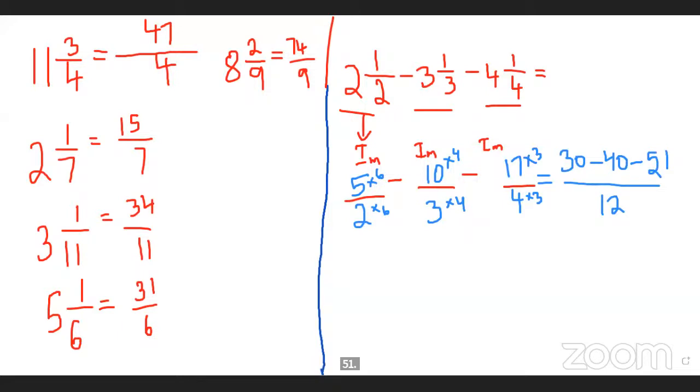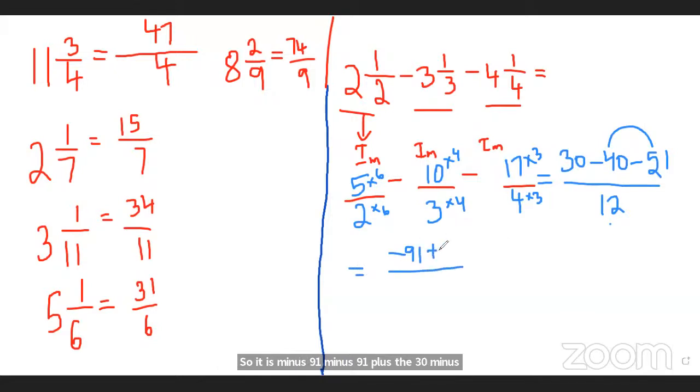So 30 minus 40 minus 51. So first, these things: it is minus 91 plus 30. Minus 91 plus 30 is going to give me minus 61. Minus 61 over 12.